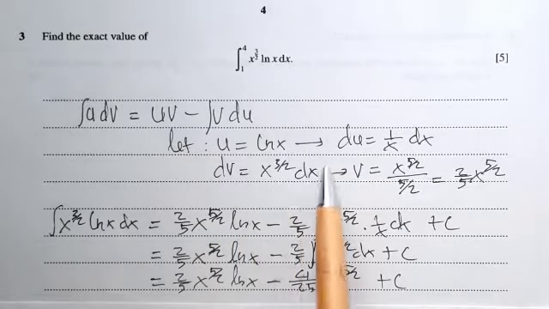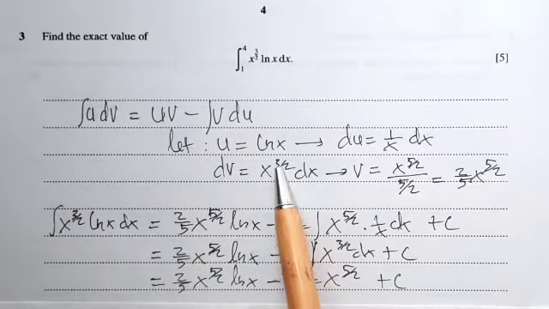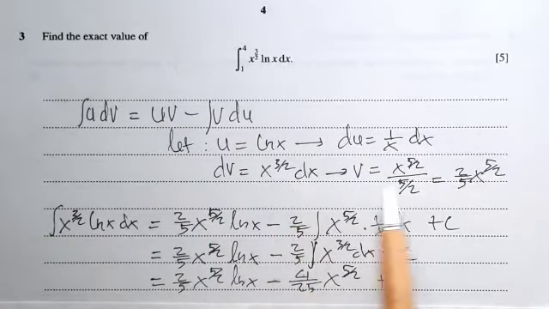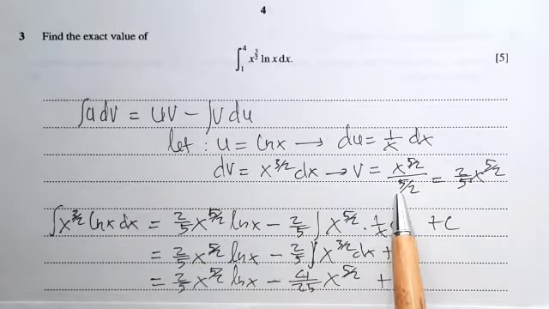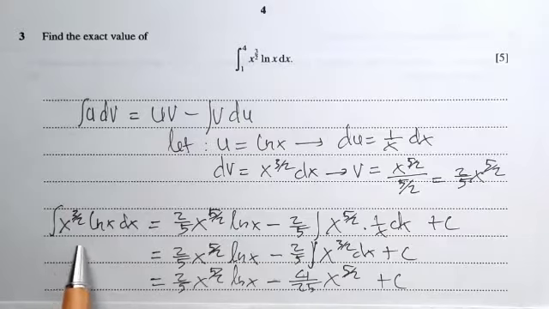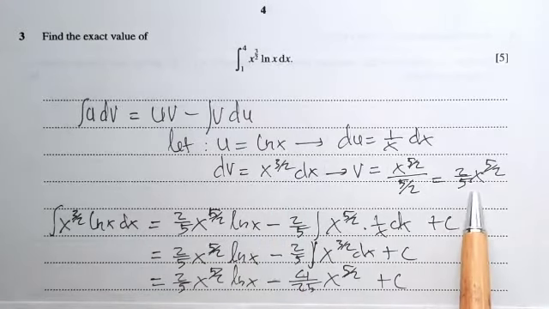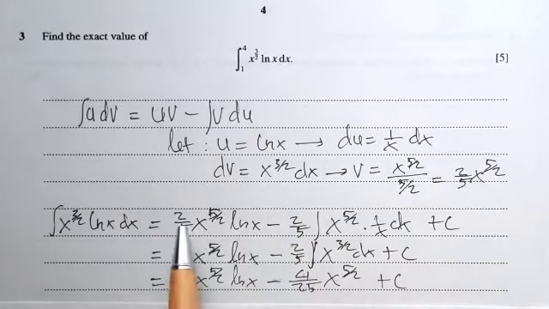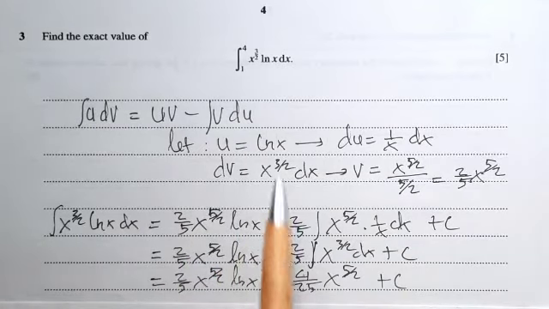Now integrate both sides: the integral of dv is v, and the integral of x to the power 3 over 2 dx is x to the power 5 over 2 divided by 5 over 2, which equals 2 over 5 x to the power 5 over 2. Now the integral of x to the power 3 over 2 ln x dx is u times v, that is 2 over 5 x to the power 5 over 2 ln x, minus the integral of v du.